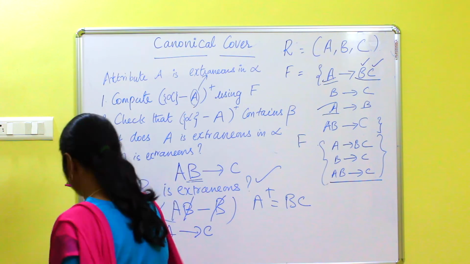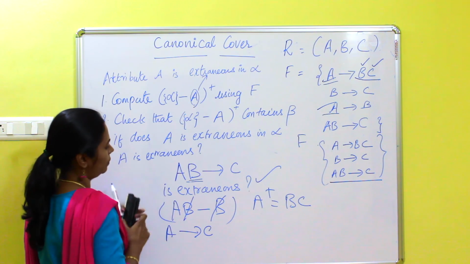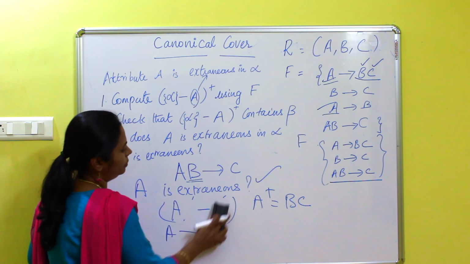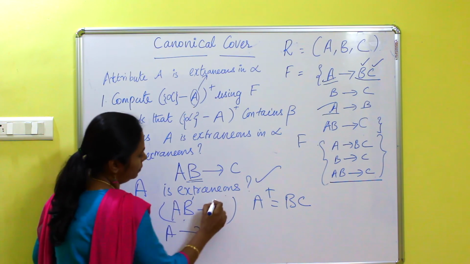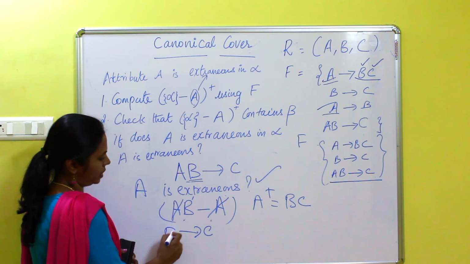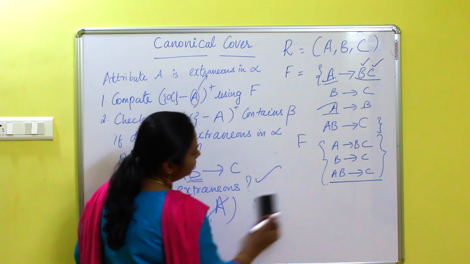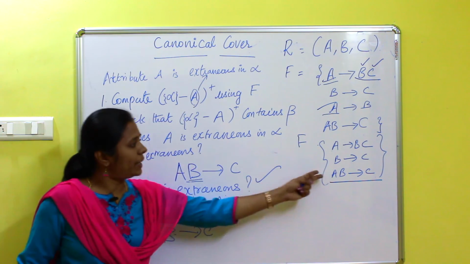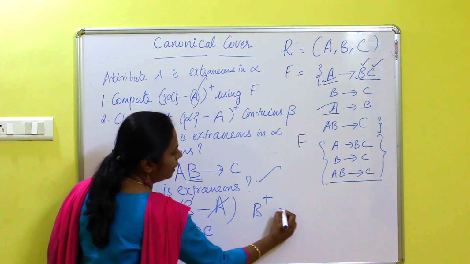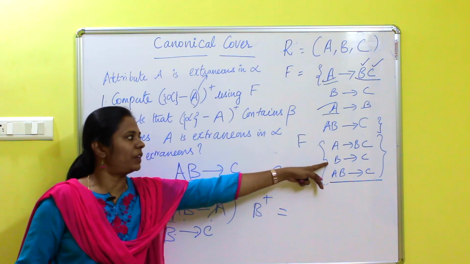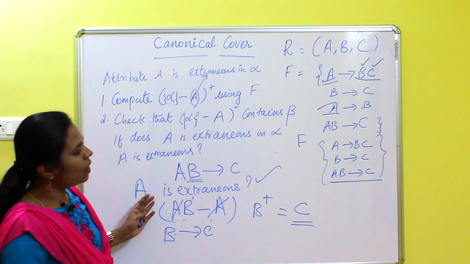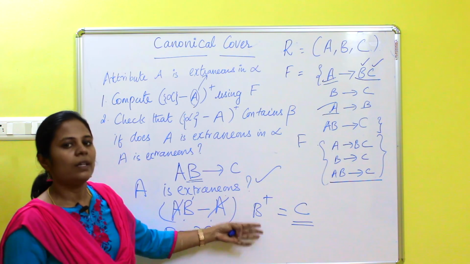Suppose I consider A as extraneous. Then you will get B tends to C. If you calculate the attribute closure for alpha, that is B plus, you can see we have a functional dependency B tends to C, so anyway you are getting C. So if you remove A also, the functional dependency is still preserved.